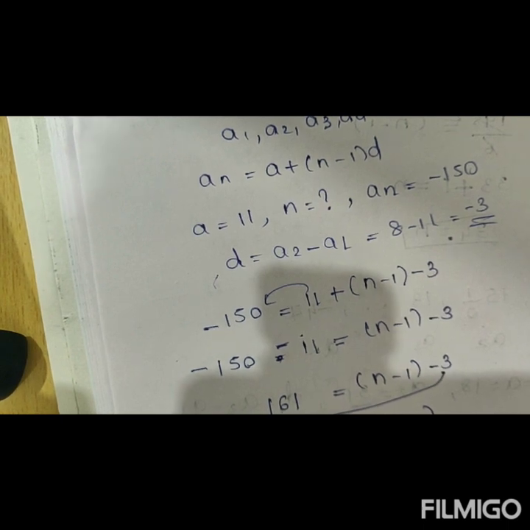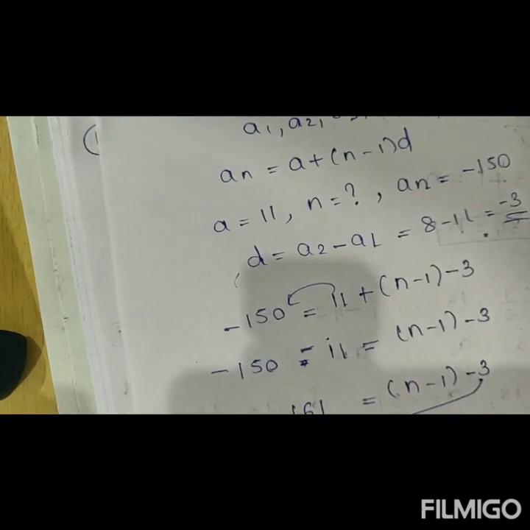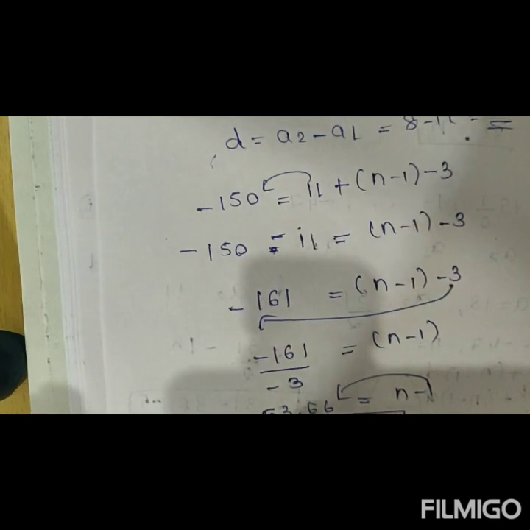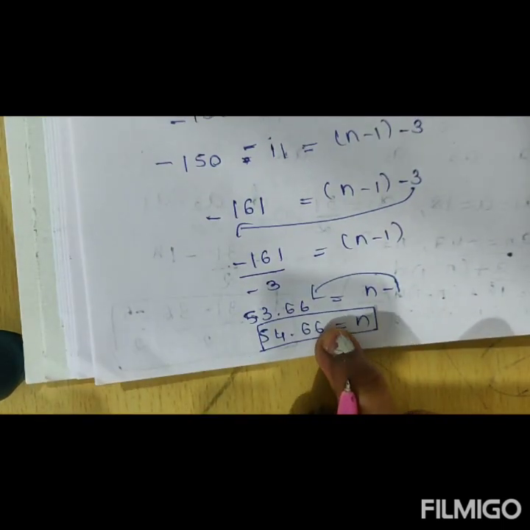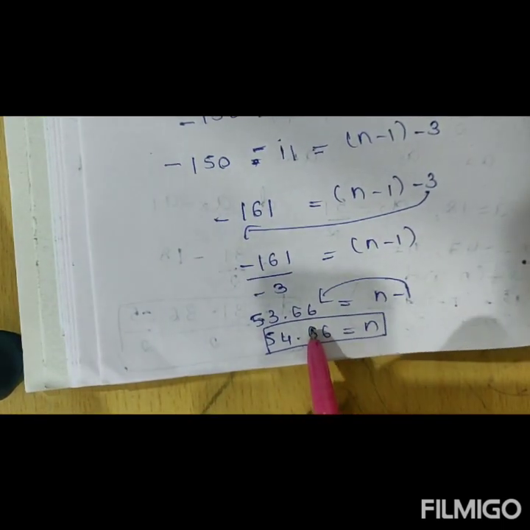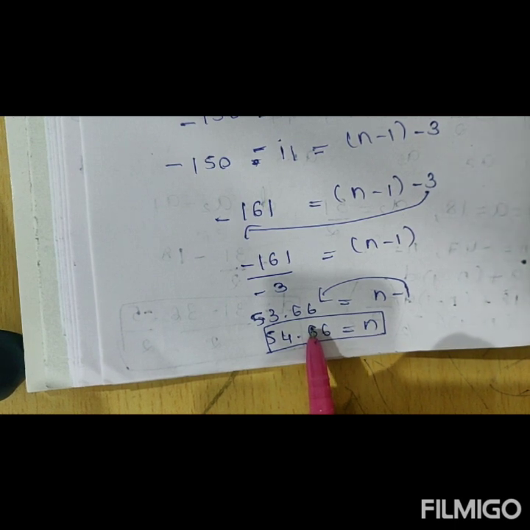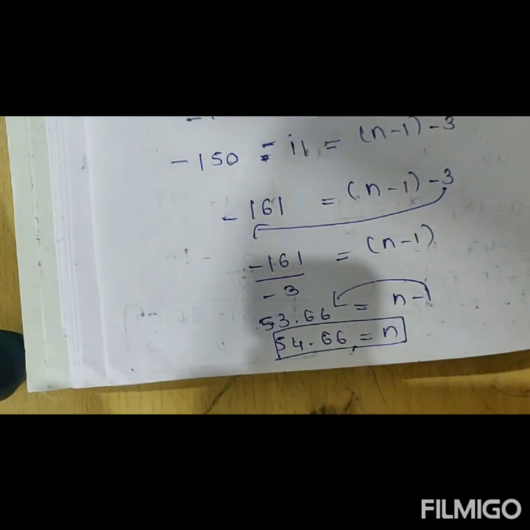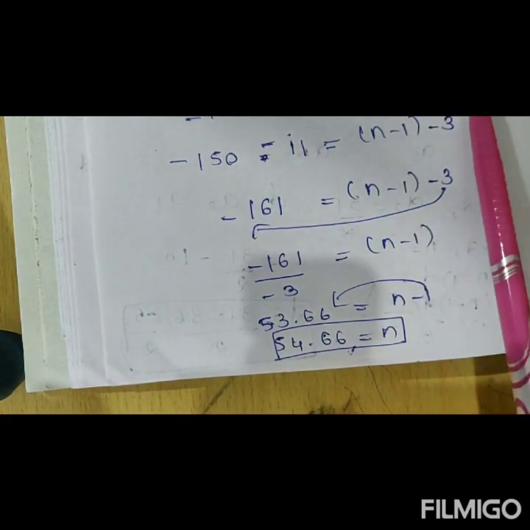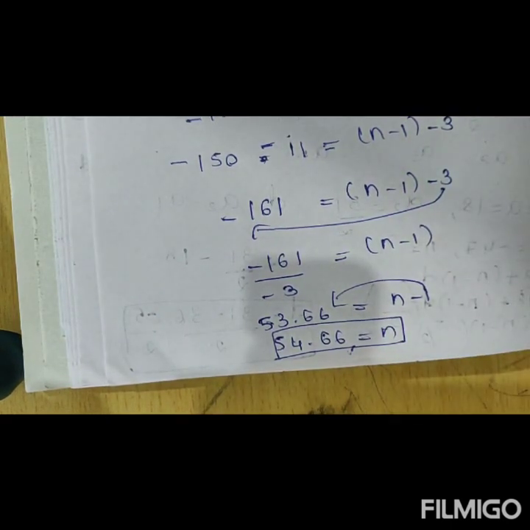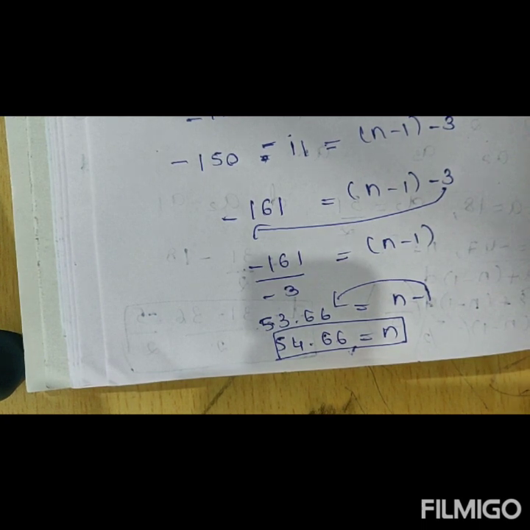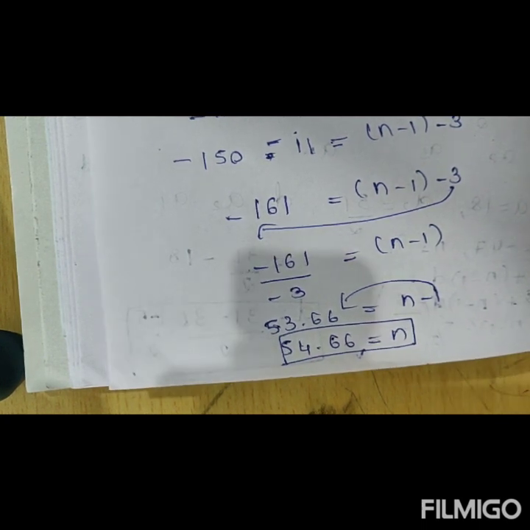N is equal to 54.66. So we can see that the N value is in decimal. If we have a decimal value, then it's not a positive integer. Hence, minus 150 is not a term of this series.